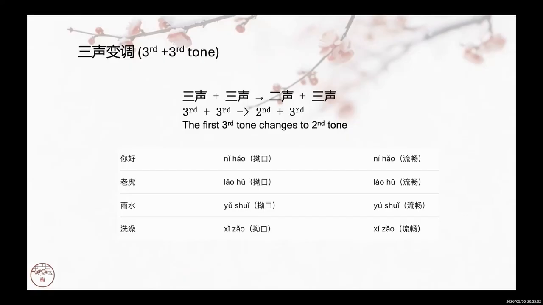When we pronounce the third tone, it always lasts a little bit longer, which means we have to use more energy to speak it. Life is already hard, right? Why don't we do it in an easier way? So we want to change the tone for the first character.